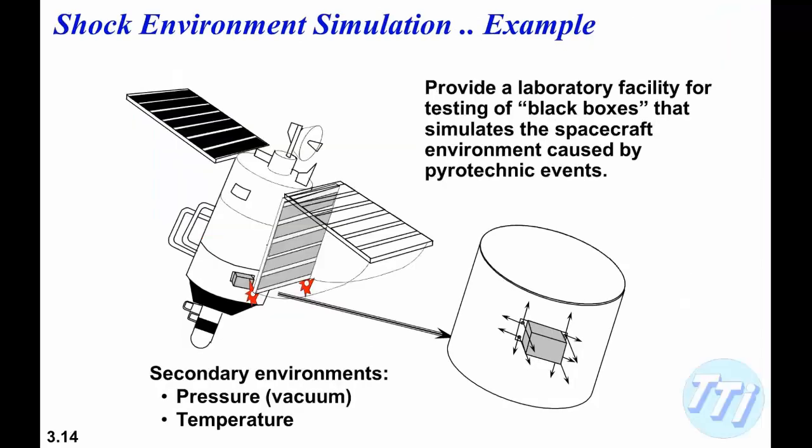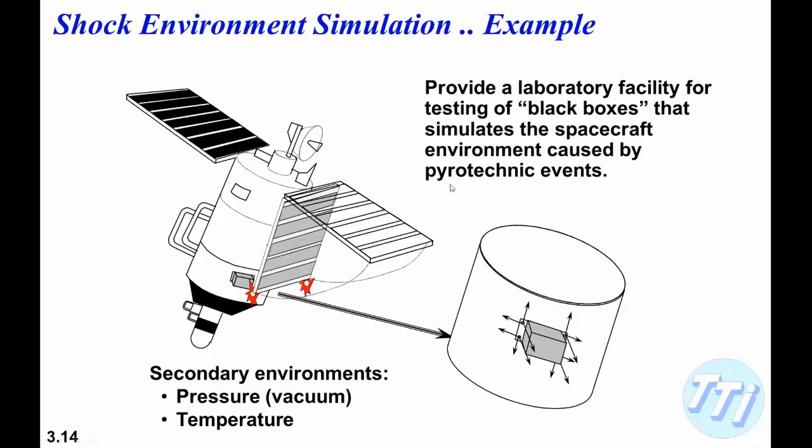Another possibility is shock environment. Once the Space Telescope or other spacecraft is launched, there will be events in orbit. For instance, deployment of the solar arrays is normally done with a small explosive device, a pyrotechnic device that pulls a pin and releases the arrays.